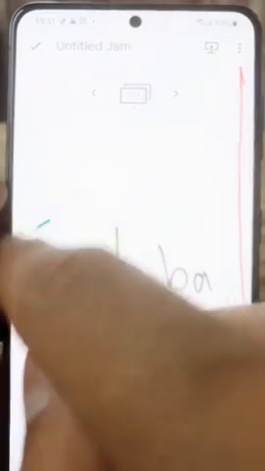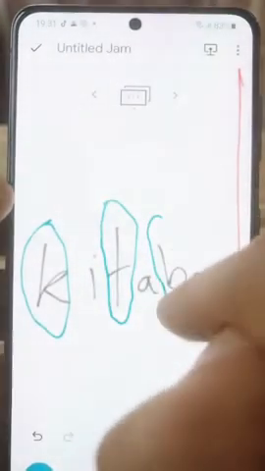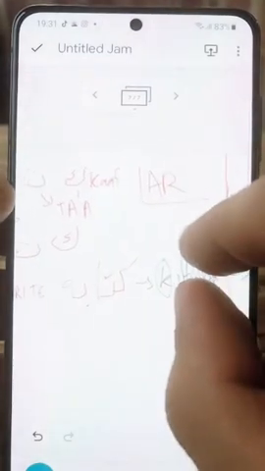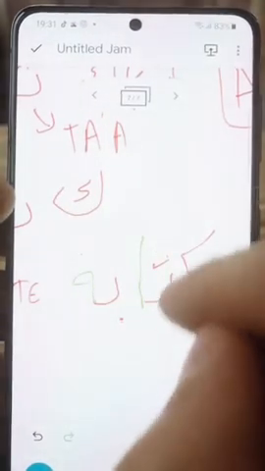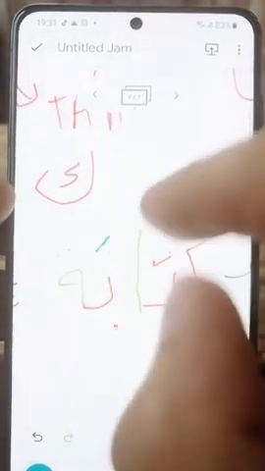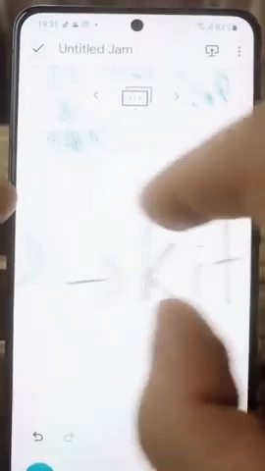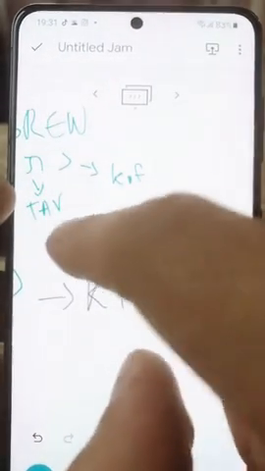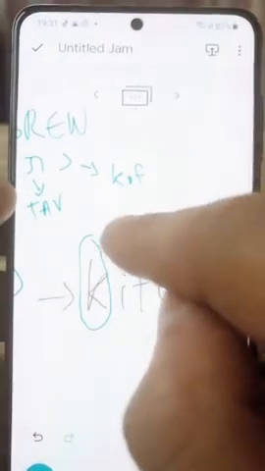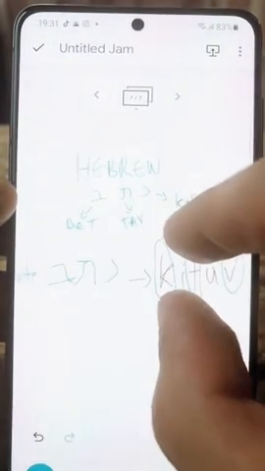Yeah, we're going to get there. It's the same thing in Arabic as well.